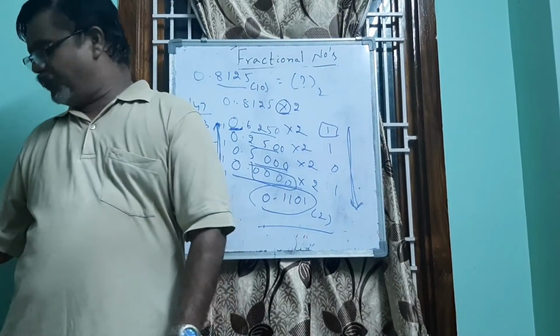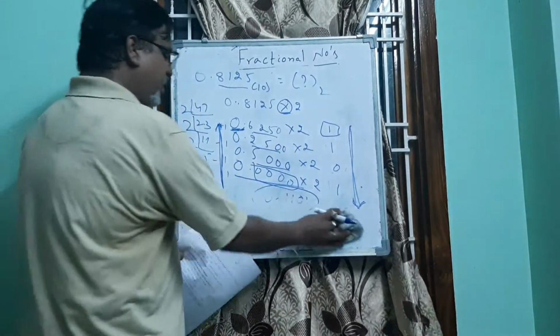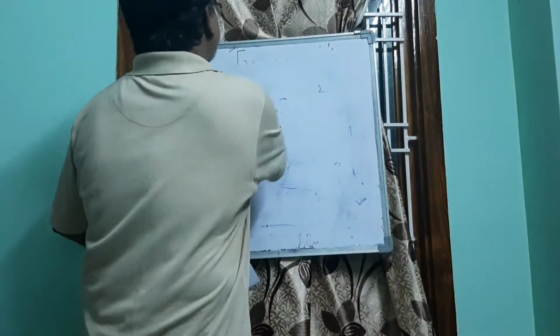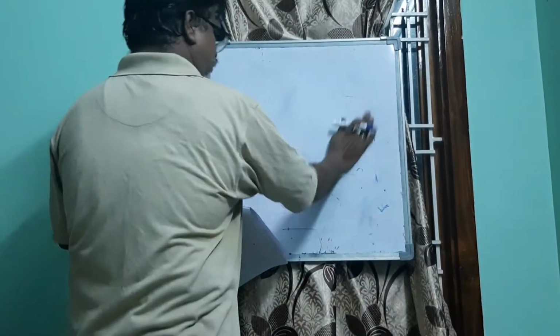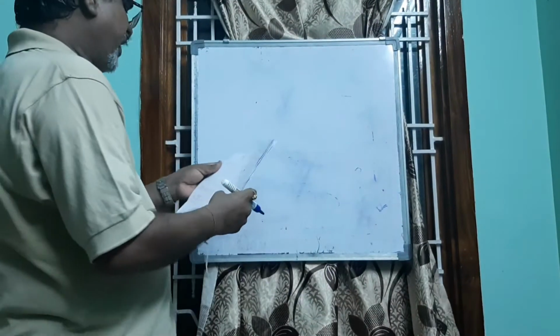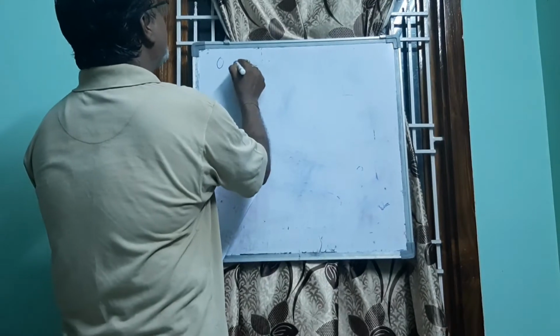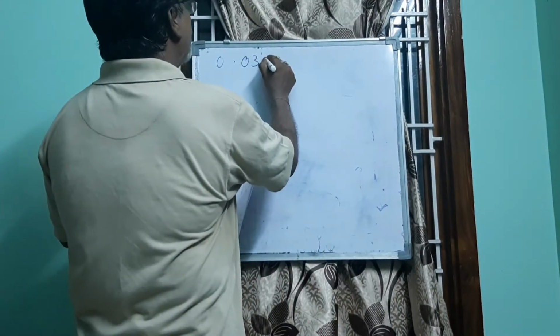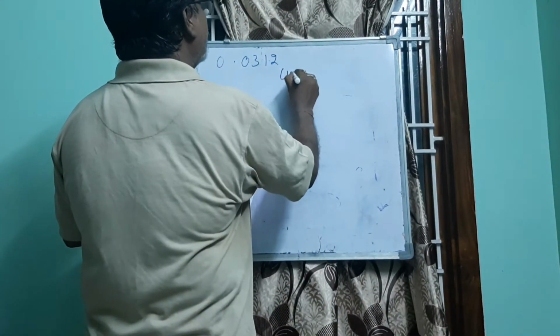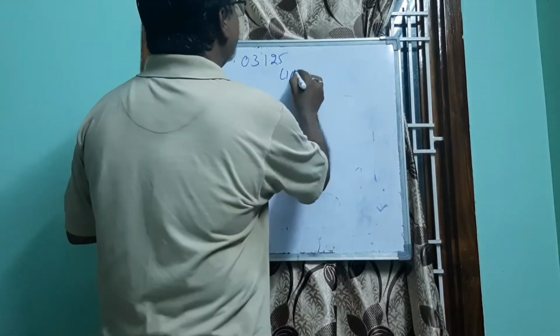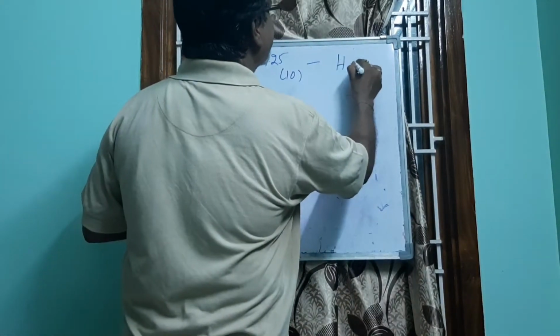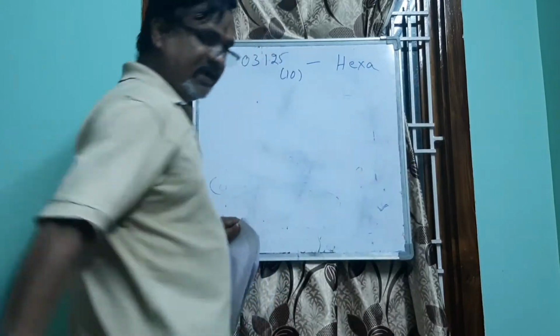So here we take one more example. You take 0.03125 base 10. This time we will convert this into hexadecimal.